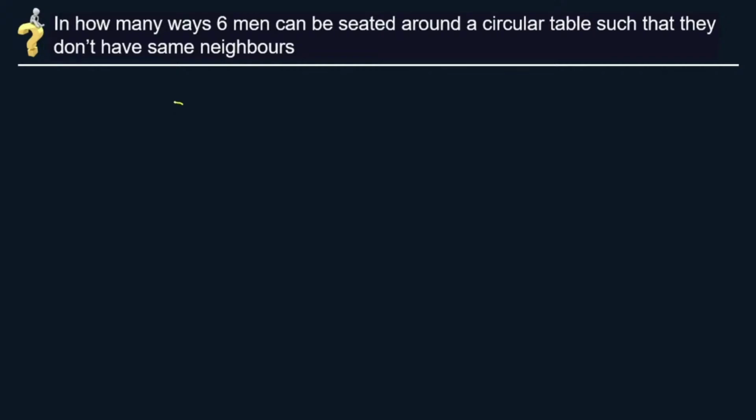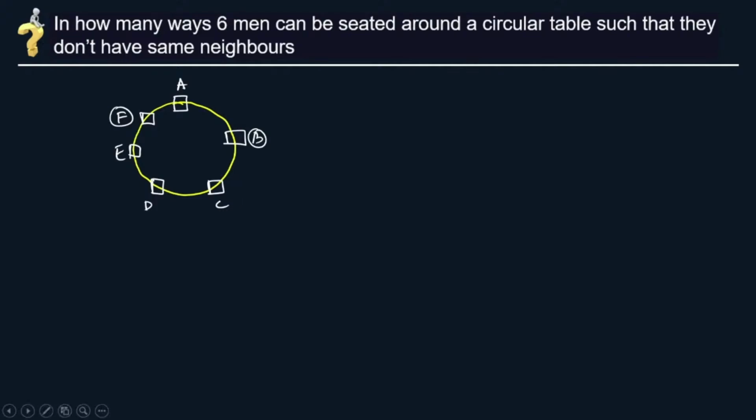Let me just draw those 6 men. Let us say these are the 6 men. Let me give a name: A, B, C, D, E, F. Now, can you please tell me who are the neighbors of A? They are F and B. Is it clear? Now what I'm doing, I'm simply flipping their seats.